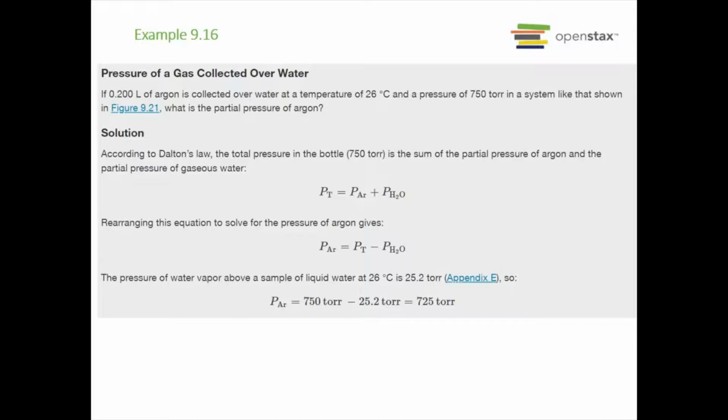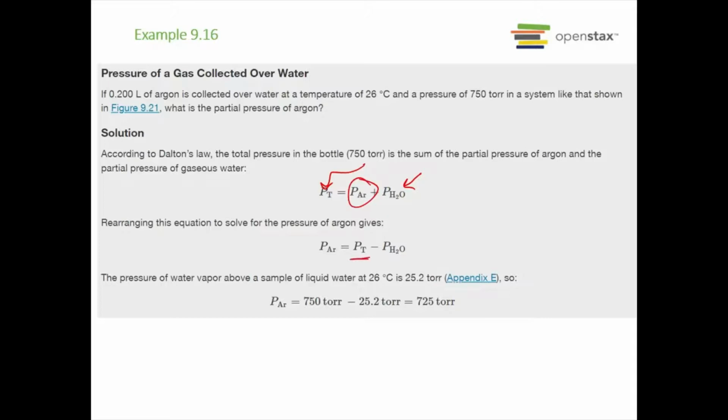For example, 2 liters of argon collected over water at a temperature of 26 degrees Celsius, pressure of 750 torr in a system. What is the partial pressure of the argon? So we know our total pressure, 750 torr. And we can go ahead and look up the partial pressure of water, and then we can calculate the pressure of the argon.